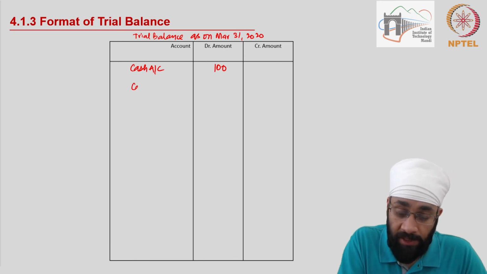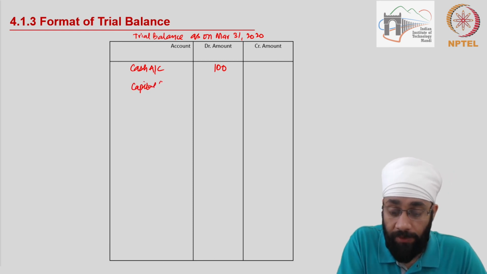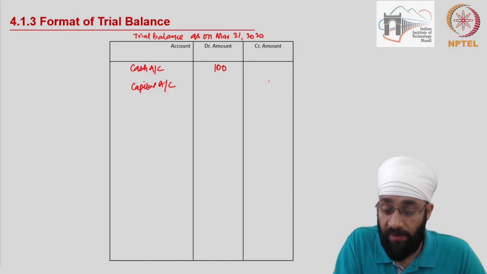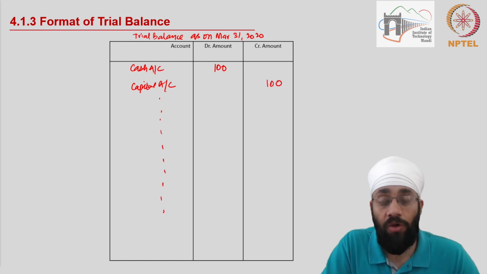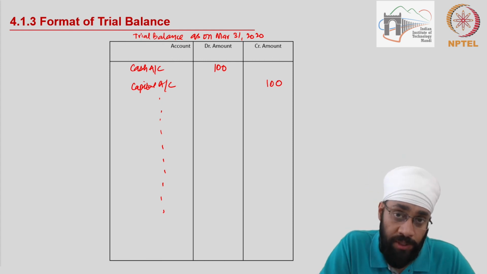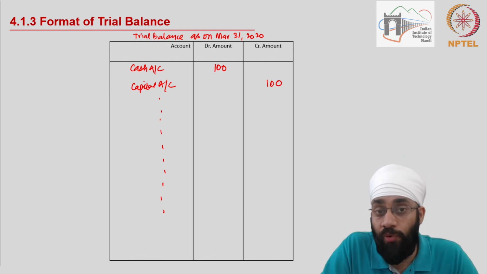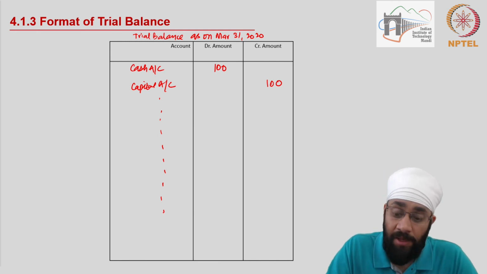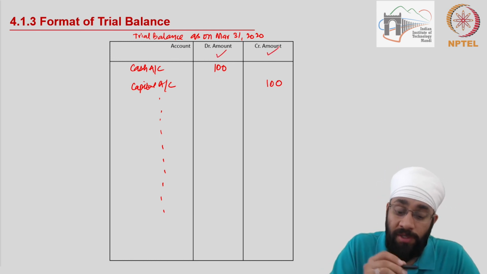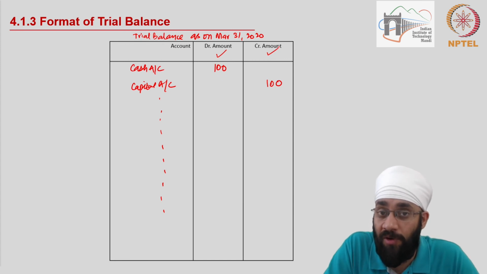Similarly, we could write capital account, or any other account, and it could have a credit balance of 100. So likewise, you have all the accounts that are going to be listed here, and it is important for you to know the concepts of what is a debit balance and what is a credit balance, because you have to then show these balances in specific columns.